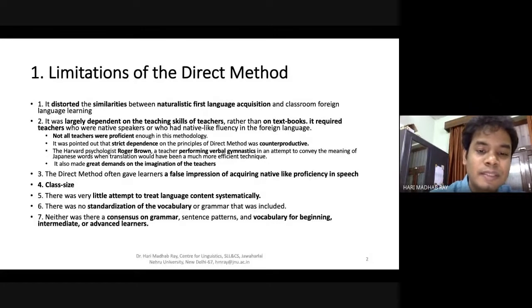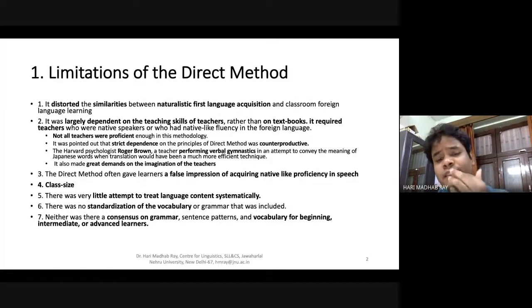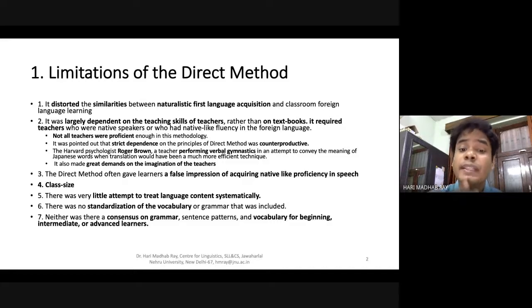And another one is there is no standardization of the vocabulary or grammar that was included. We do not know which grammar we are talking about. Grammar means, let's say, the variety.